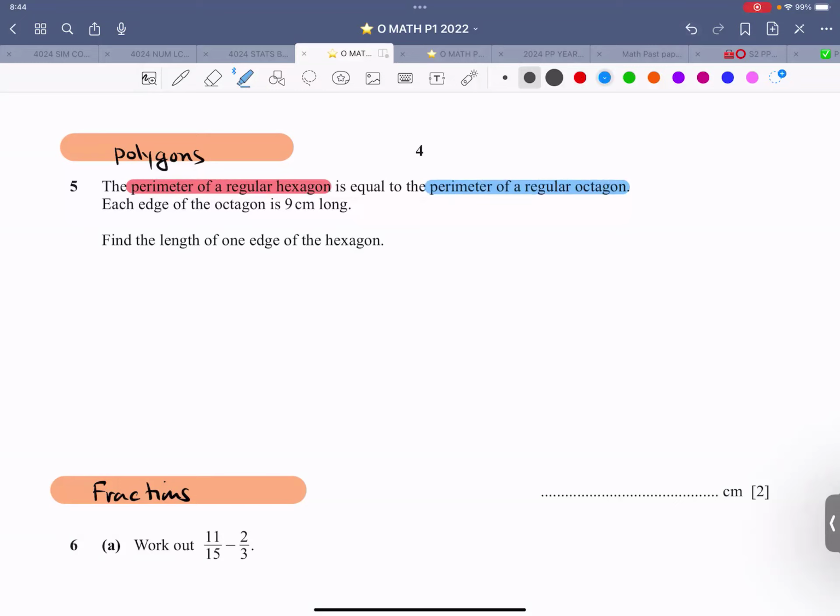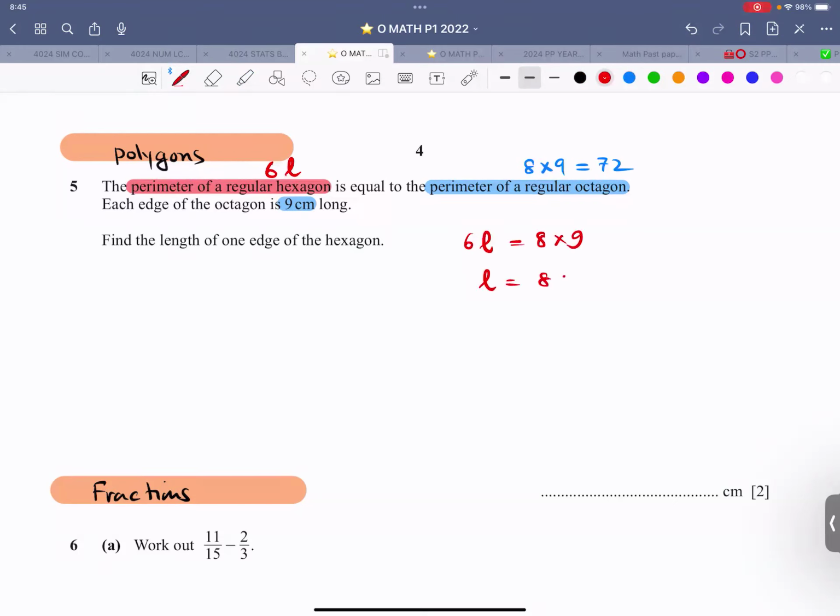So this is the information for the octagon. That is 9 centimeters. If I multiply it out, this is 8 sides into 9, that is 72. And this one is 6 sides into the length L. That should equal this. So 6L is 8 into 9.